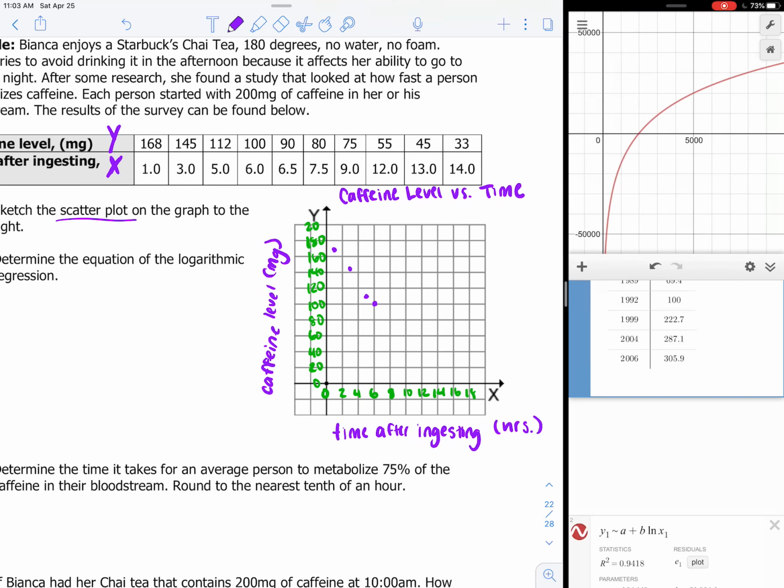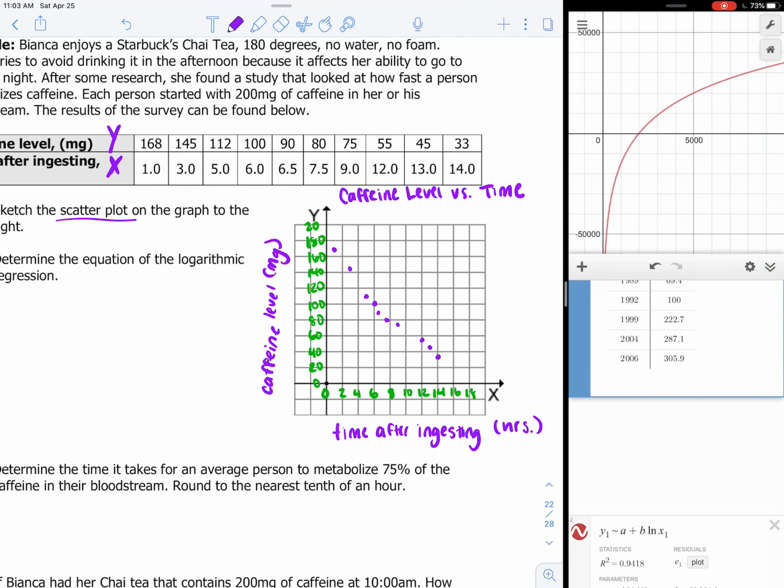X is 6.5, we have 90. 7.5, we have 80. 9, we have 75. At 12, we have 55. 13, we have 45. And at 14, we have 33.